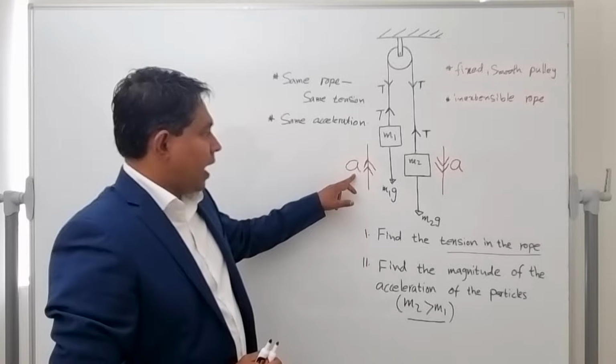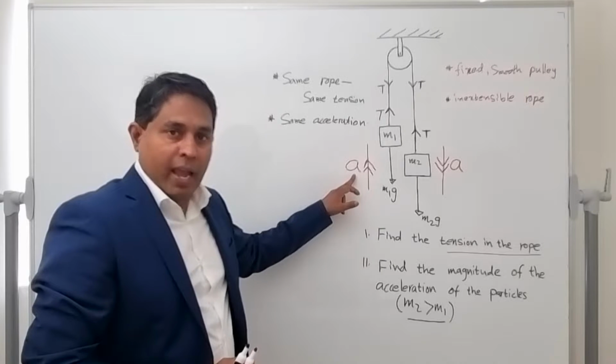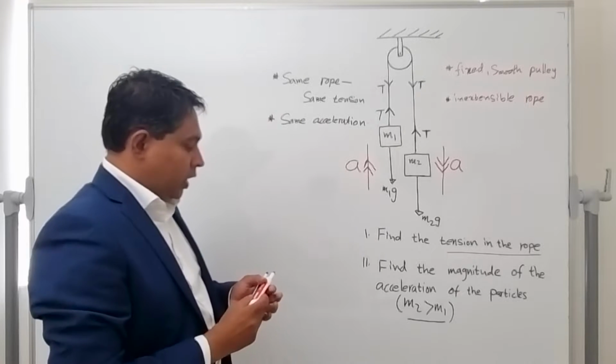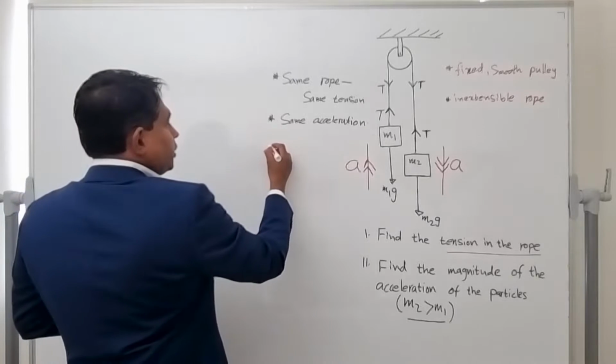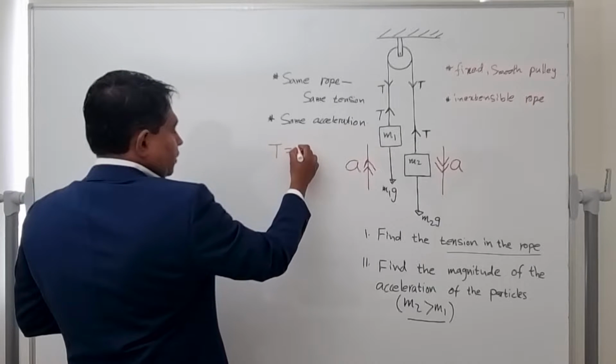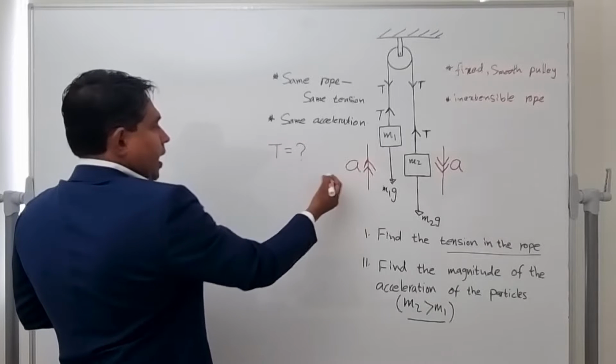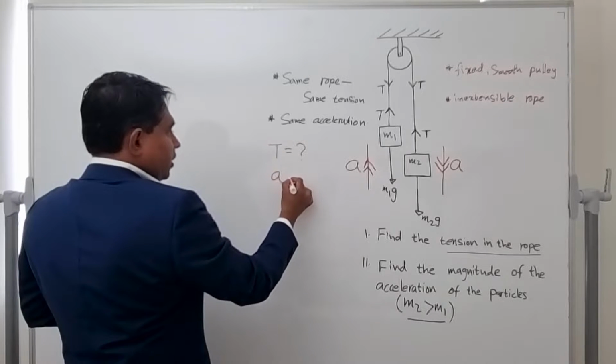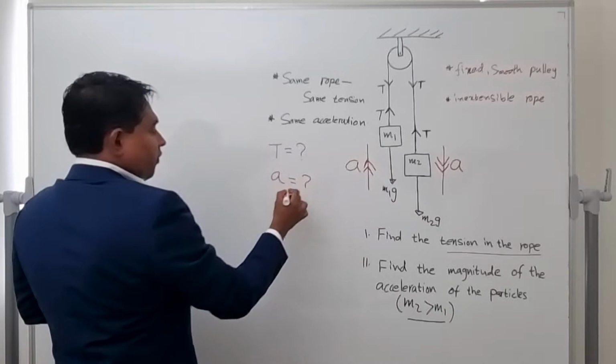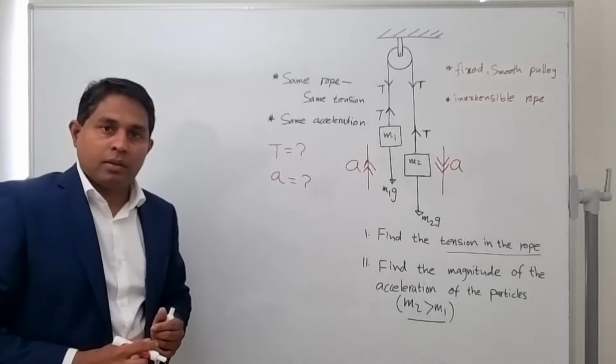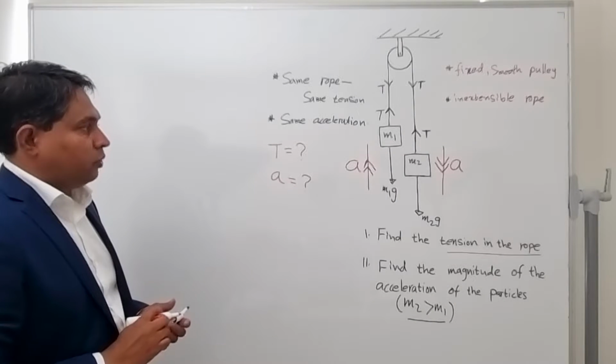We took it as a, so we need to find a. Basically, we need to find T, the tension in the rope, and the acceleration of each particle. So now let's do this.